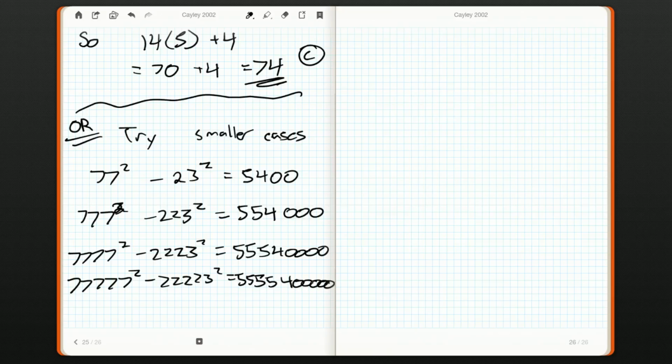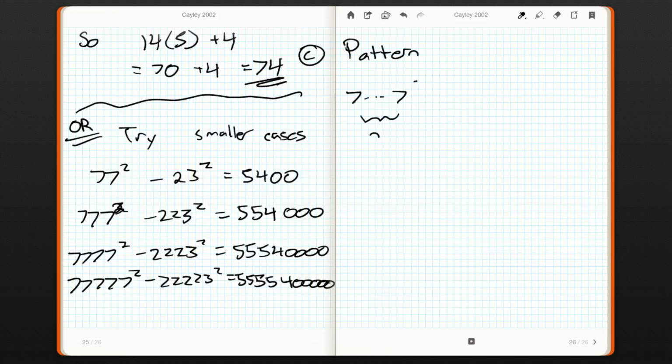Okay, so I'm noticing a pattern. So if I have n 7s, and then I'll have n minus 1 2s followed by a 3, then that works out to be a certain number of 5s followed by a 4 and then a certain number of zeros.